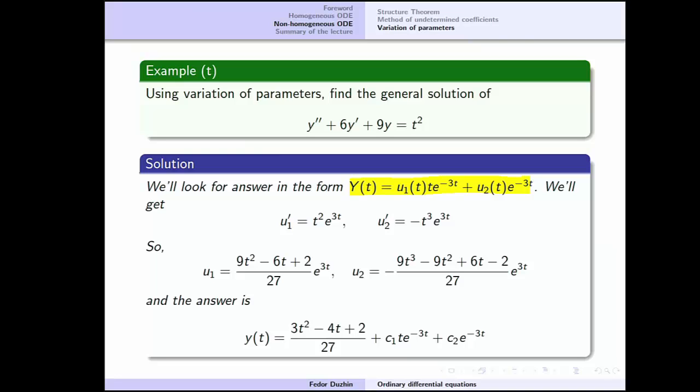Then, after applying Cramer's rule and these clever tricks, we found the derivatives of the unknown functions, but then we can get the unknown functions themselves back by integration, and then finally we can put everything together, and that's going to be our final answer.